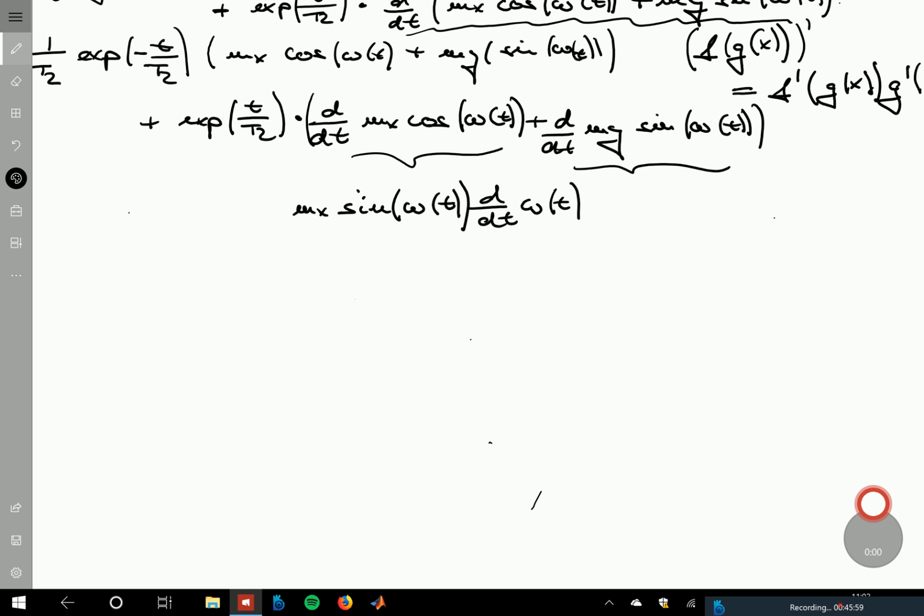This derivative works identically, only that the derivative of sine is not sine, but cosine. So we have cos omega t times sine. We just have the derivative of sine is cosine, and times d dt omega t.